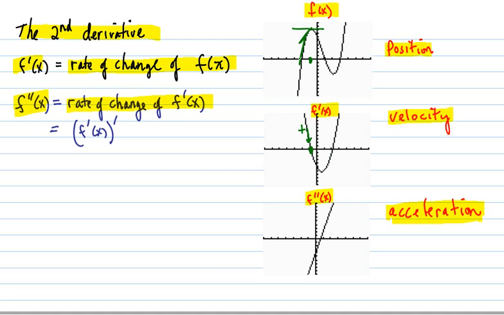So the object has come away from the starting line and then decided to return back, and so it came to a stop right here, corresponding to velocity equaling 0.